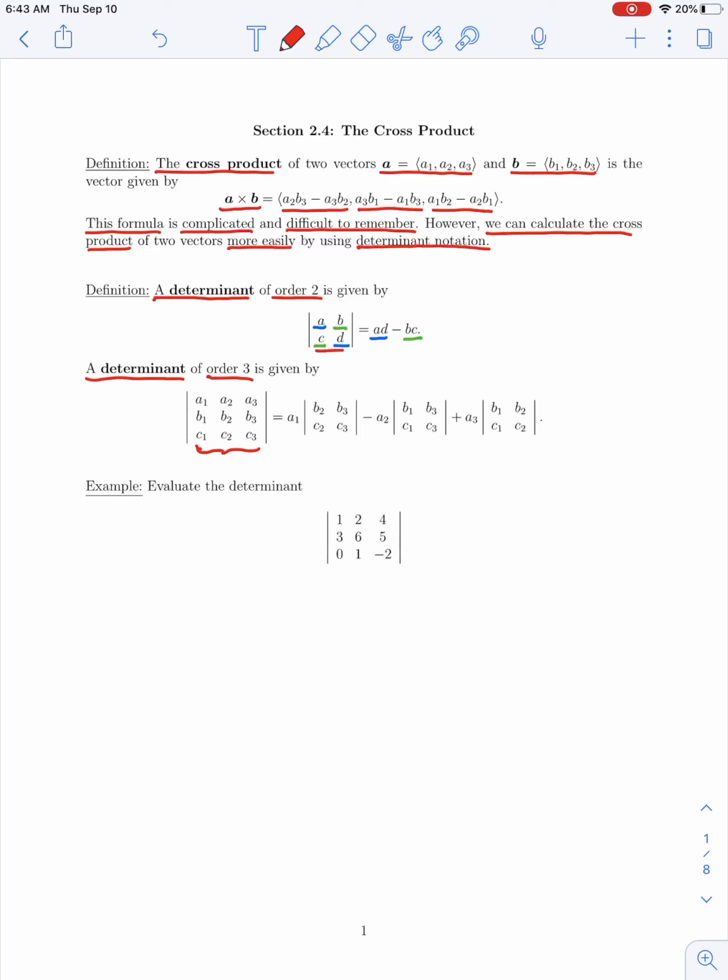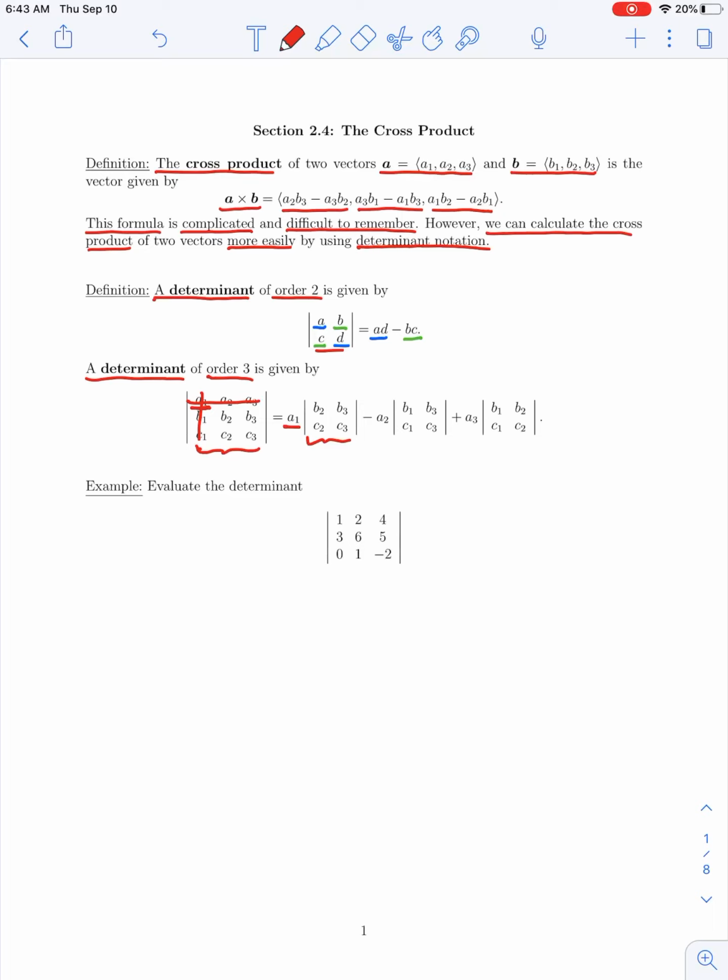So we're going to take the first entry of our first row, which was A1. And then we're going to multiply that by the determinant of the 2 by 2 matrix that we get by deleting the column and the row that A1 lied in.